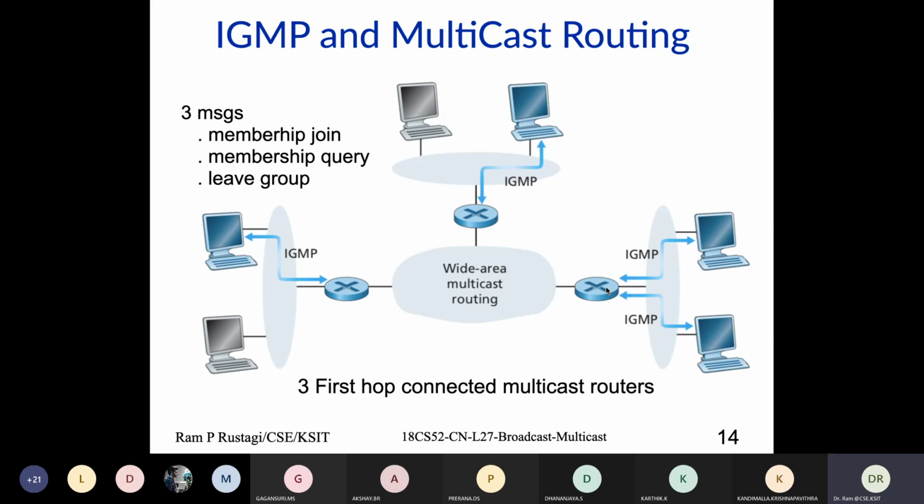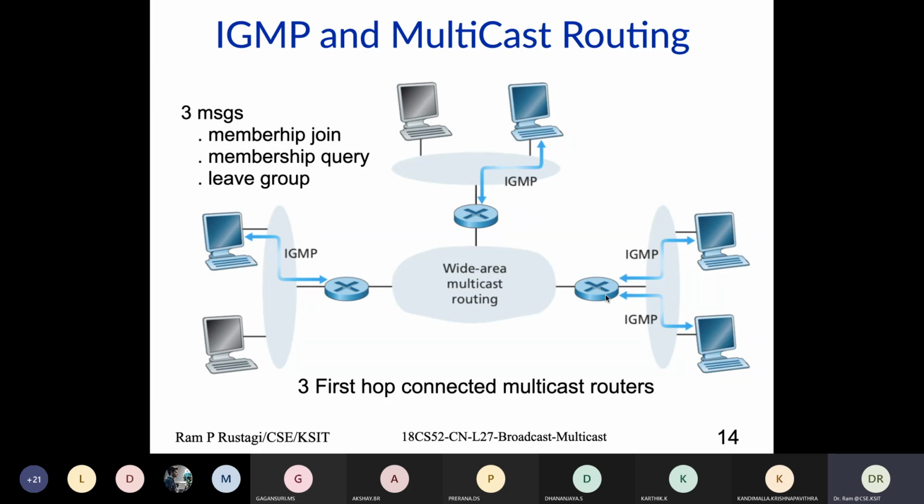This works fine for the router to know that people have joined the group. Let's say some application leaves. It can send a leave group message to the router, and the router would know. But if the application simply exits and does not inform the router that it is leaving, how would the router know whether a given application is part of the multicast group or not?